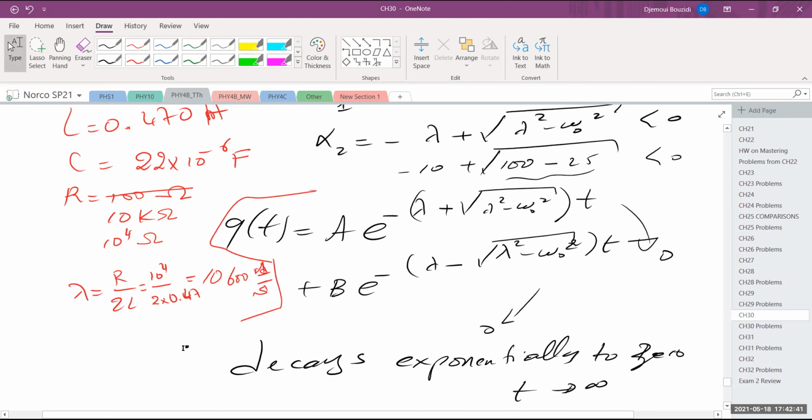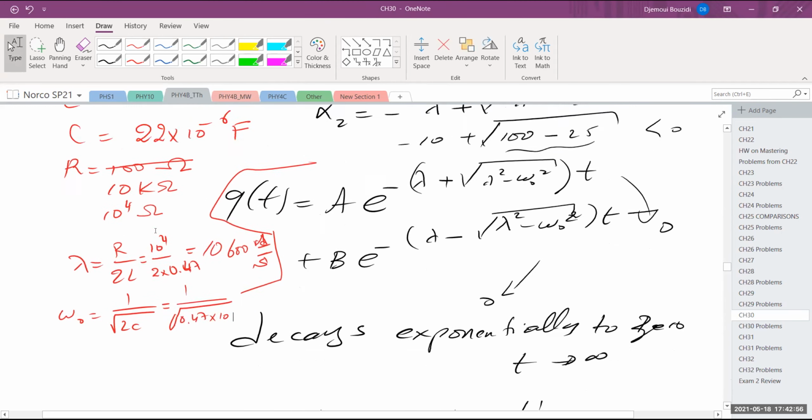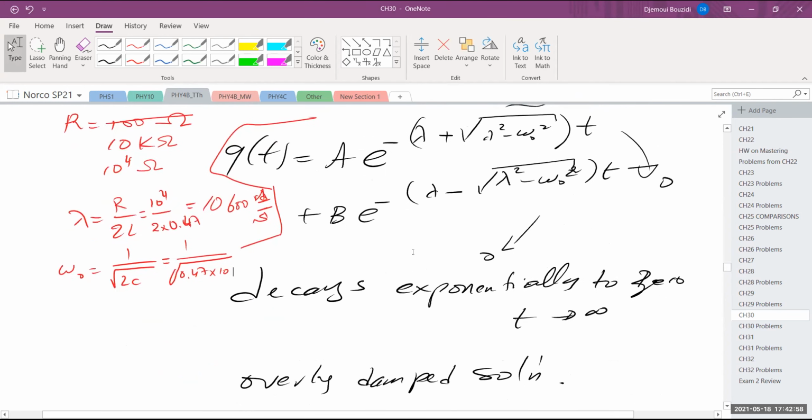How about omega naught? Omega naught is easy to find from here. It's 1 over square root of LC. So that is 1 over square root of 0.47 times 22 times 10 to the power negative 6. So I'm going to put it in the calculator, and hopefully you're doing the same.